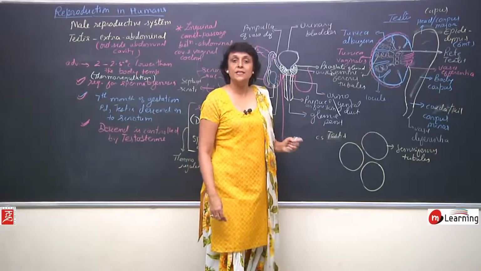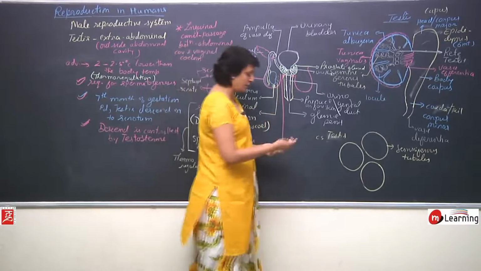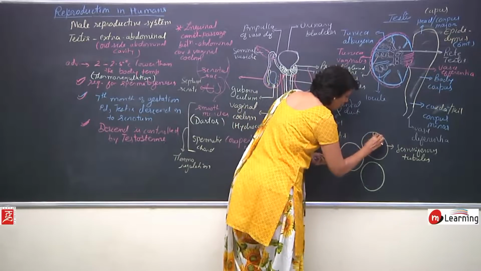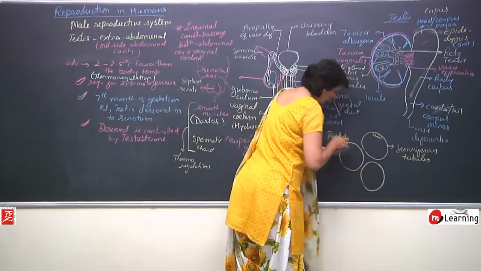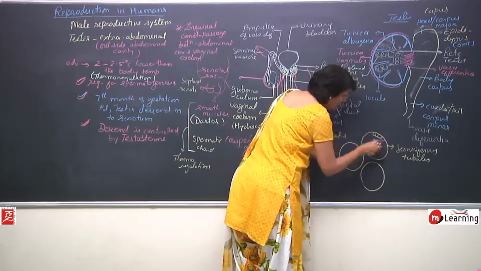This epithelium is the germinal epithelium. There are two types of cells which we find. One type are cuboidal cells and the second are long pyramidal cells.